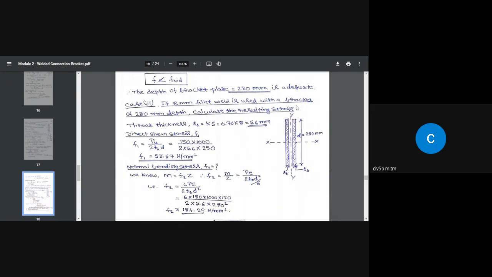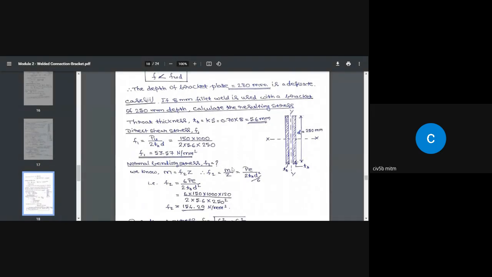It says with a bracket of 250 millimeter, so bracket plate depth is going to be 250 millimeter, and we are going to provide the weld over the entire length. So bracket plate depth equal to the depth of the weld. So finally we got F1 value equal to 53.57 Newton per millimeter square.